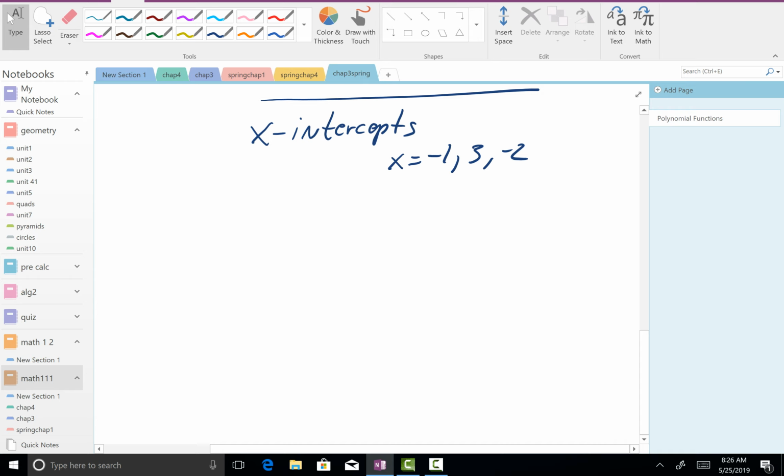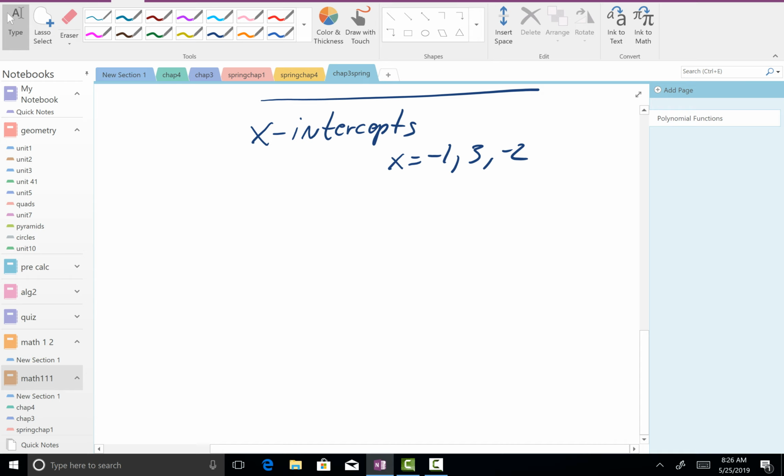Because I have 1, 2, 3, 4 powers for the x. Intervals decreasing. Here's a couple minimums, relative, local max, and end behavior increasing, increasing, going up. So we got this again.